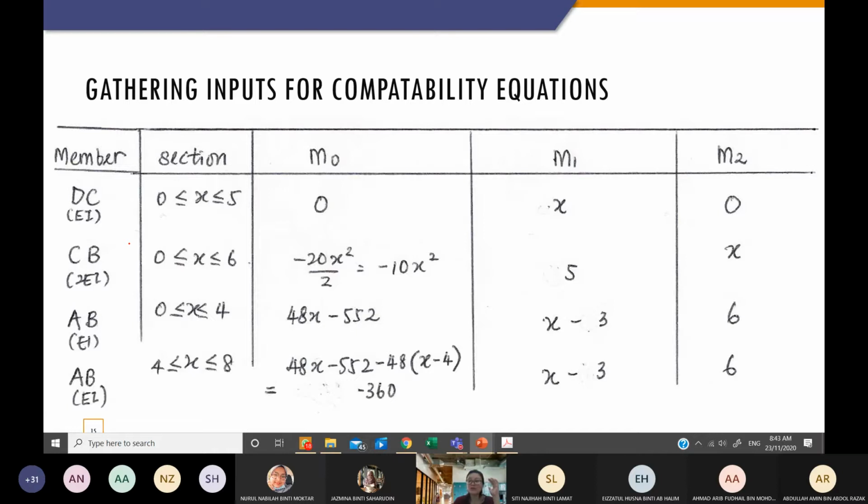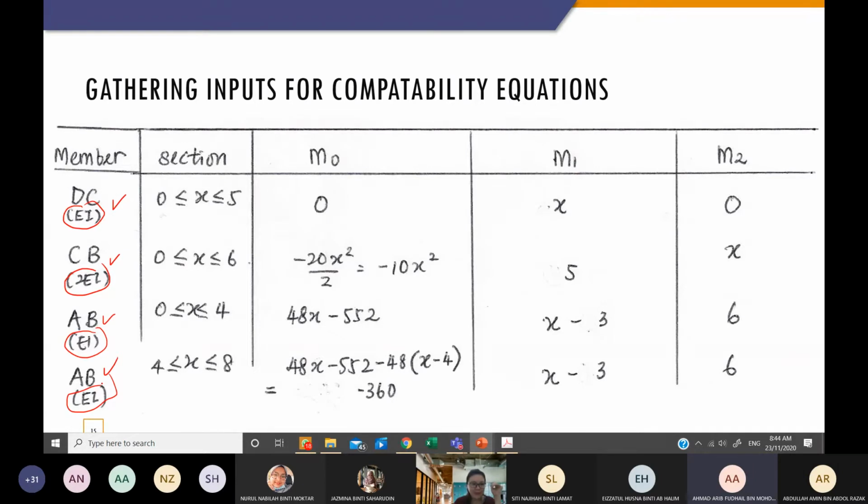But I always do a table for myself. So DC, I'm going to write all the members. I have 4 cut sections, so I need to put 4. And remember, I put it here because there are different EI in this structure. So you need to put this into your compatibility equation.